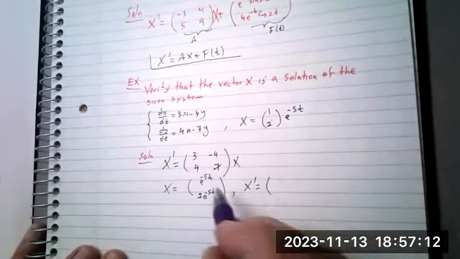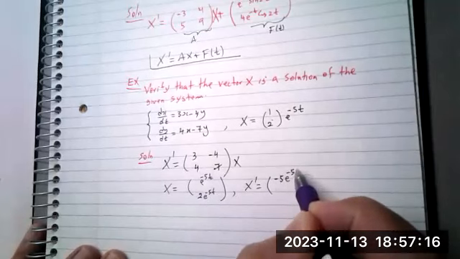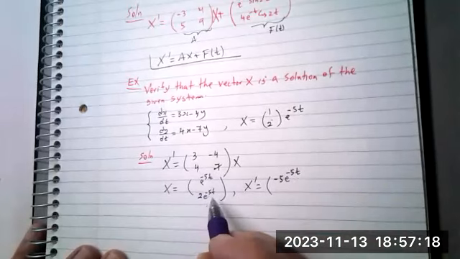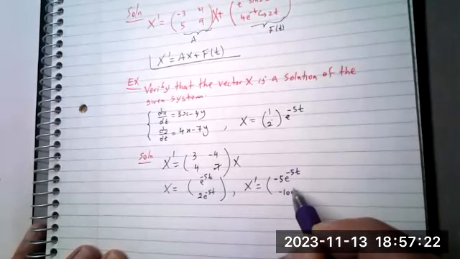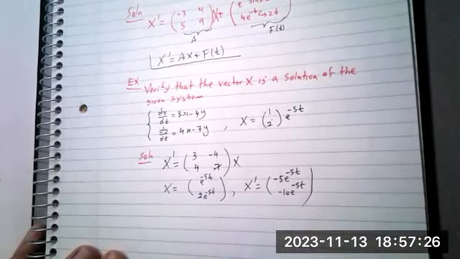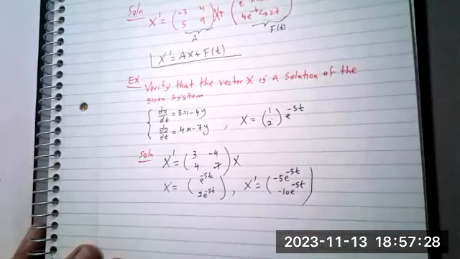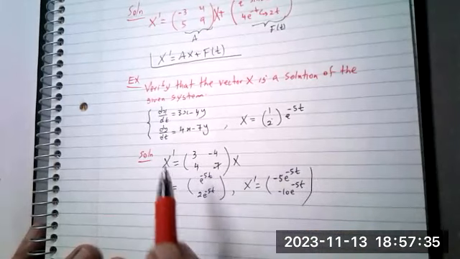So x prime is: the derivative of the first one is negative 5e to the negative 5t, and the derivative of the second one is negative 5 times 2, negative 10e to the negative 5t. That's x prime. You have to prove that A times x is equal to x prime. So find the other part.